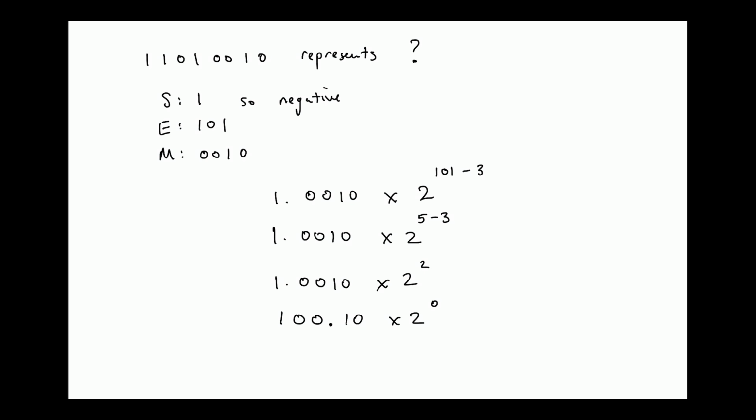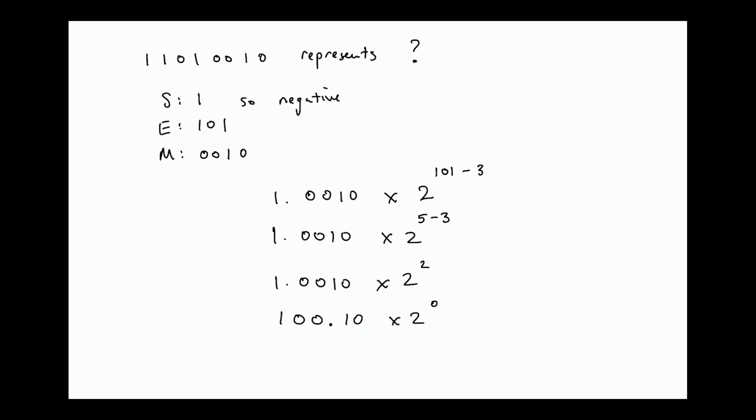Okay, so now we're almost done. Do I really need to have the times 2 to the 0 at this point? Because what is 2 to the 0? 1. Okay, so 100.10. What is all this? The 1 is in which place? Ah, the 4's, right? Because this is in binary, still. So this is in which place? 1's place, 2's place, 4's place.